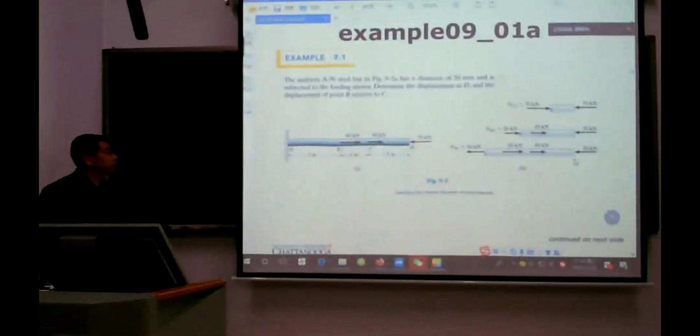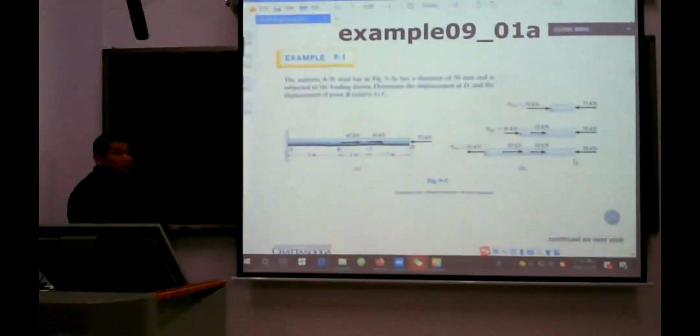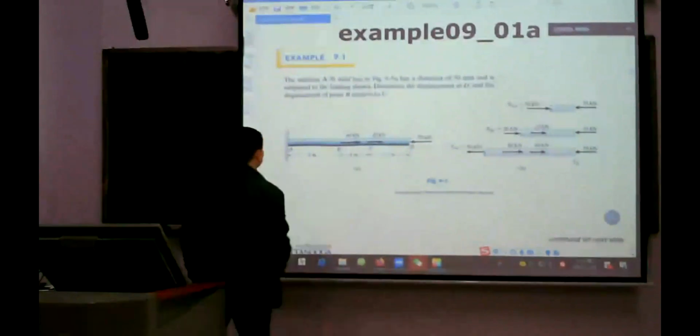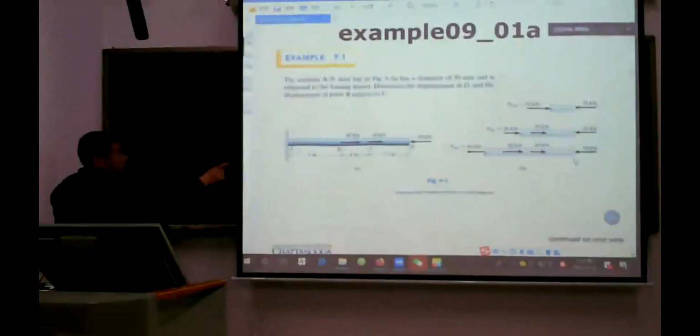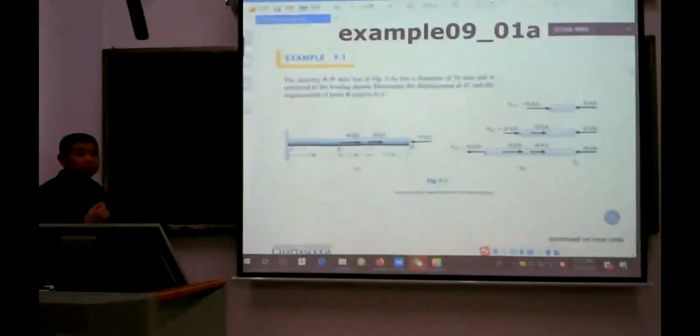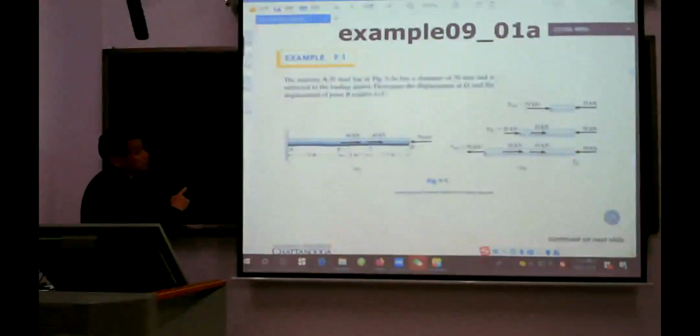Yes or no? Then in this part, we make a cut. The figure is here. We can get an equilibrium equation. When I solve it, I will use this method.